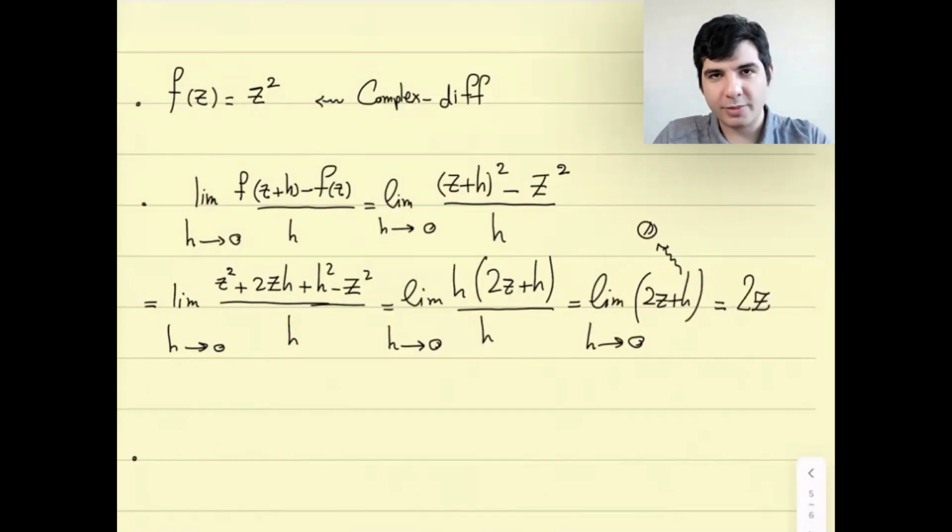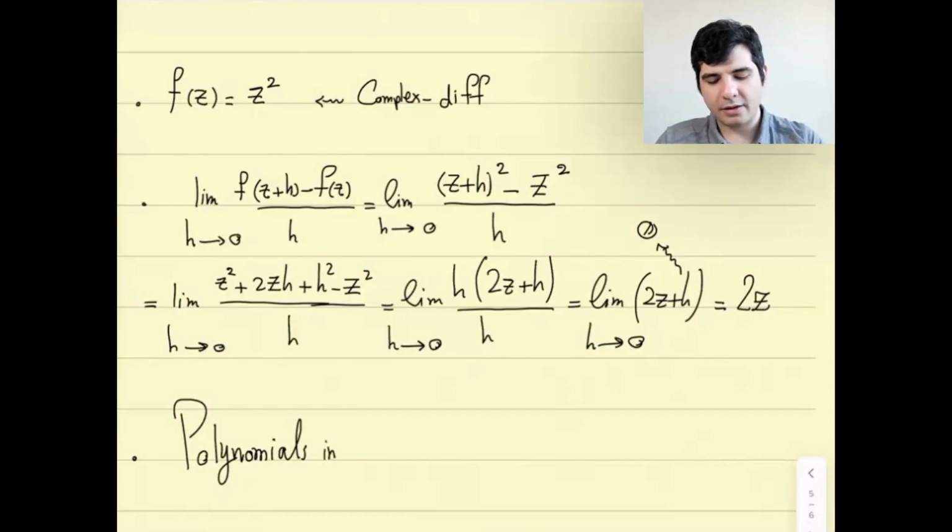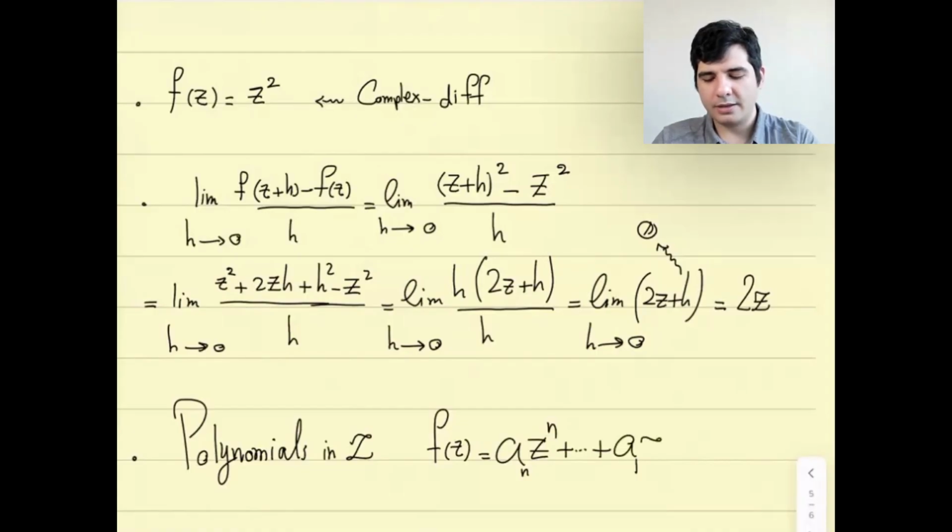With a very similar argument, you can show all polynomials in z are differentiable. So if f of z was any, say, constant complex number an times z to the n plus up to a1 z plus a naught, that would have been differentiable.